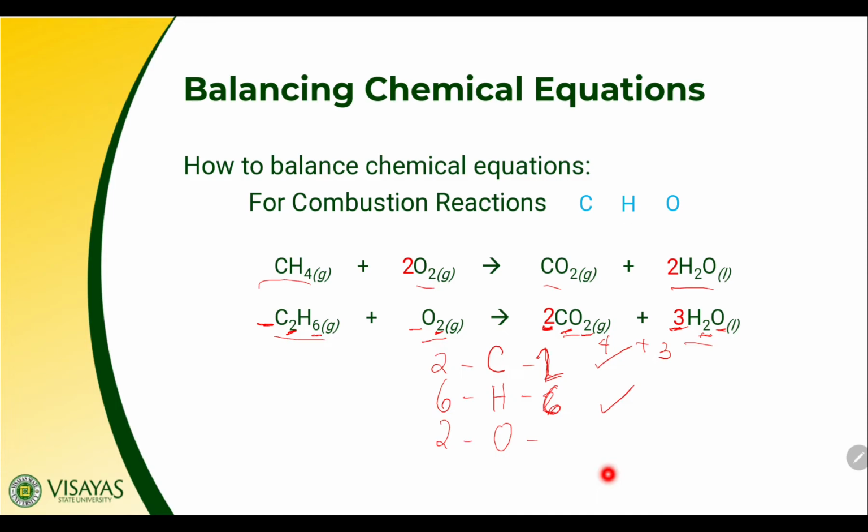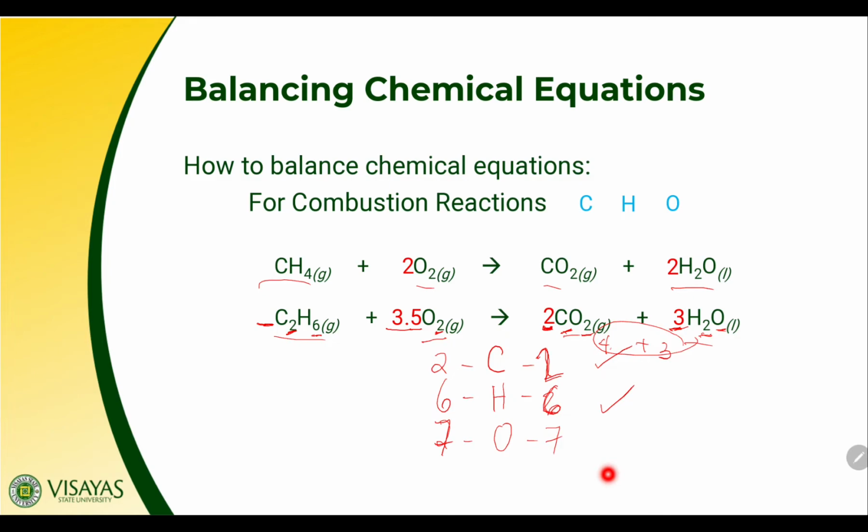So, how do we balance? Therefore, we have how many oxygen atoms on the right side? We have 4 plus 3, we have 7. So, to balance the number of oxygen atoms, we can add a 3.5 in the oxygen on the reactant side because when we multiply 3.5 by 2, we have a 7.